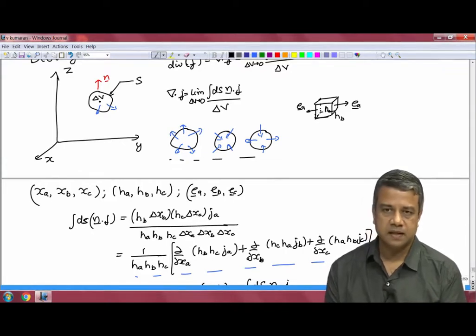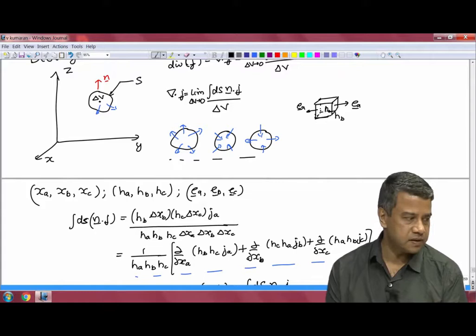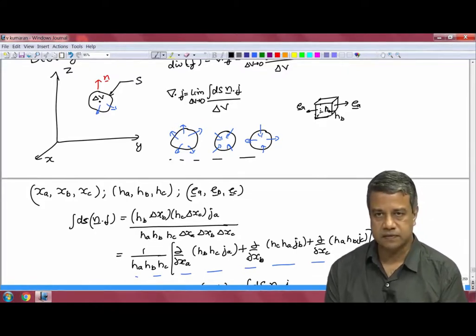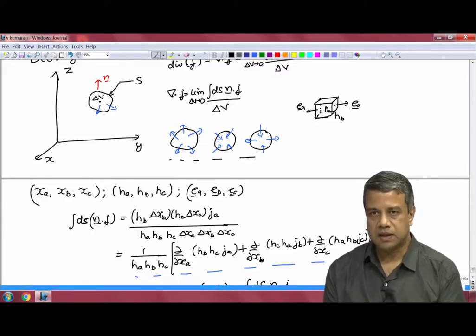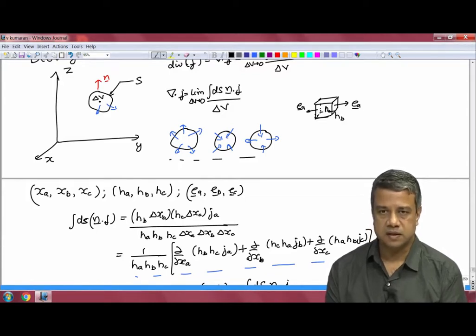What we mean by saying that the velocity is divergence free is that there is no divergence or convergence of the velocity field at a point. And that is because there has to be no creation or destruction of mass within this differential volume.